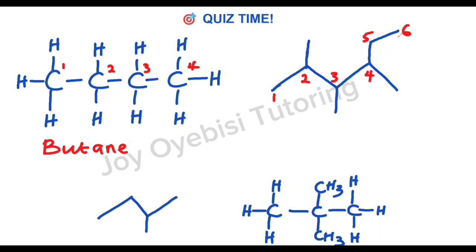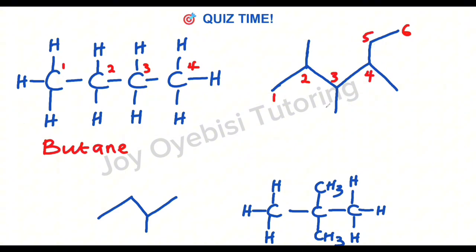If I number from here, 1, 2, 3, 4, 5, 6, I'm going to have 3, 4, 5 against 2, 3, 4. So going from the left is better this time.